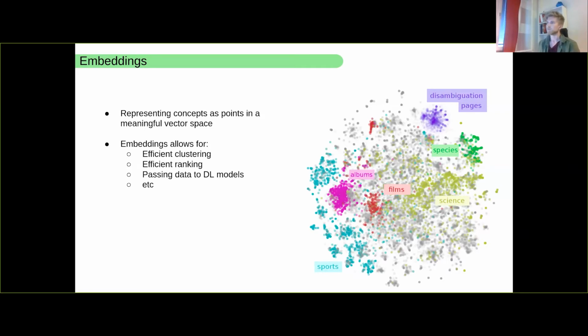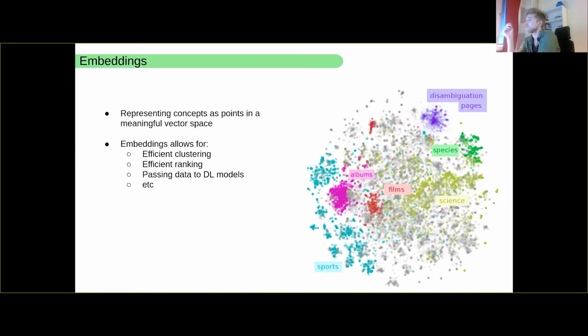I believe most people are familiar with this, and using this method of representation, we can easily cluster things. It's easy to compare things, so we can quickly rank. And it also, of course, has the benefit that most, if not all, of the current state-of-the-art machine learning models have inputs as continuous vectors.